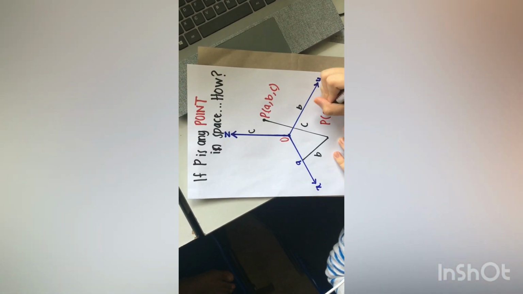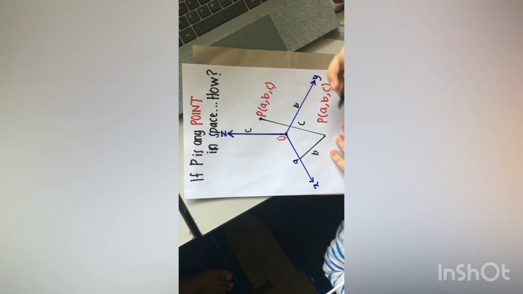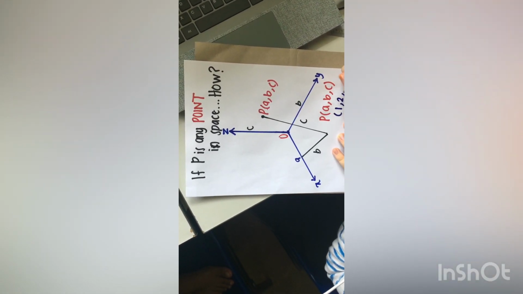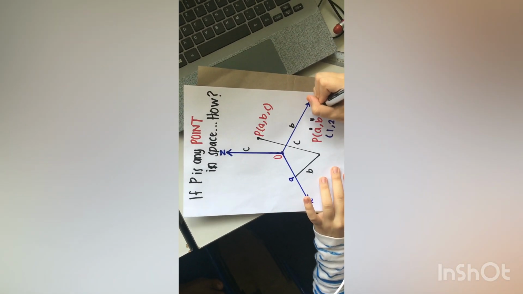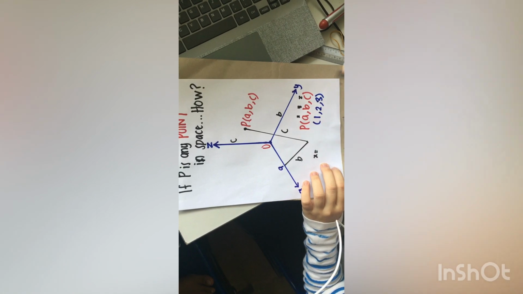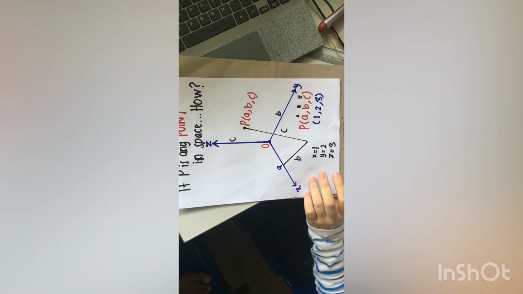P is A, B, C. Let's say the values are 1, 2, and 3. So this is x, this is y, this is z. So x is equal to 1, y is equal to 2, and z is equal to 3.